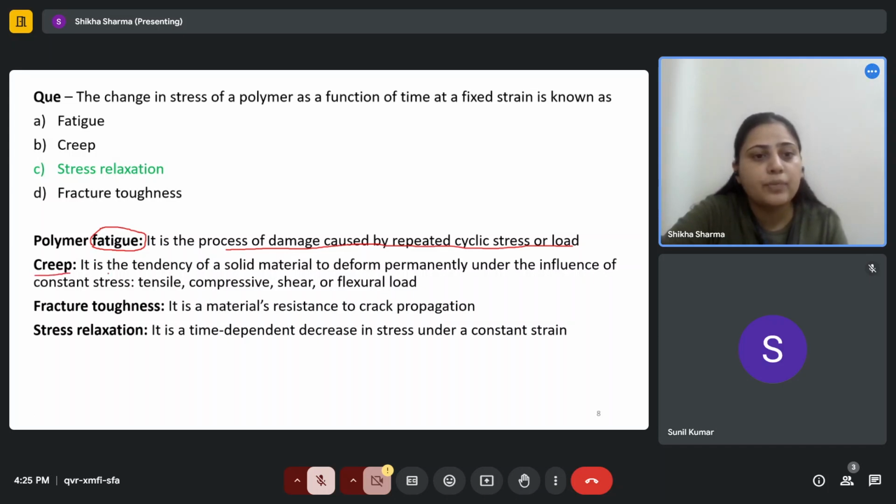Creep is the tendency of a solid material to deform permanently under the influence of constant stress. And the stress can be tensile stress, compressive stress, shear stress, or flexural load.